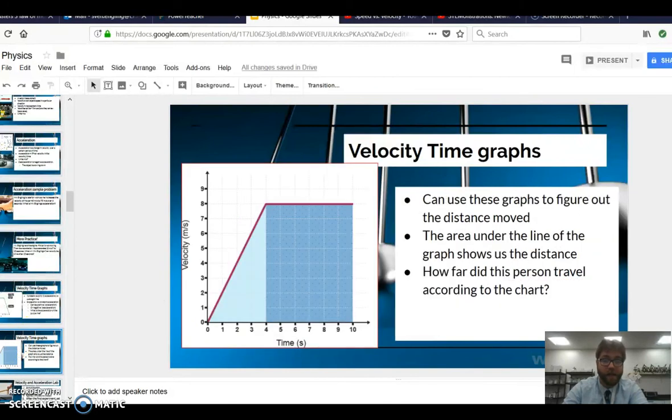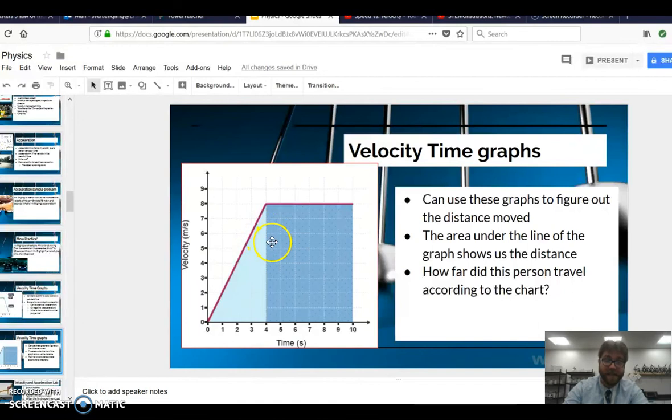Now, finally, when it comes to velocity time graphs, the final thing that it can do that's very helpful for us is that it can tell us the distance something went. If we take the area underneath this line, a velocity and time graph can tell us the distance of how far something went.